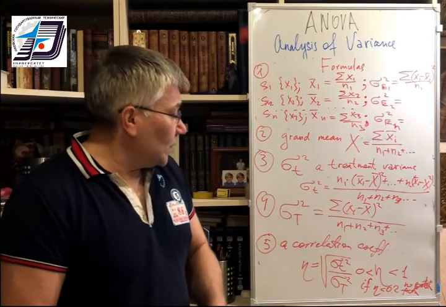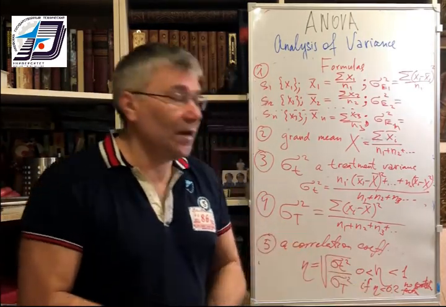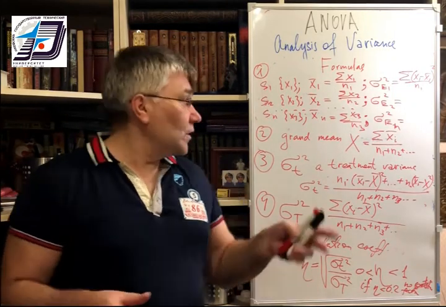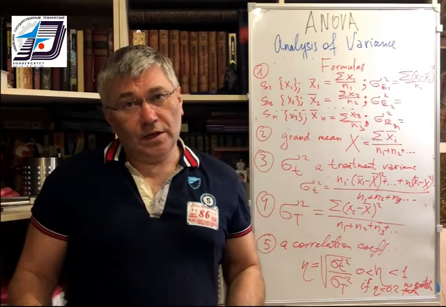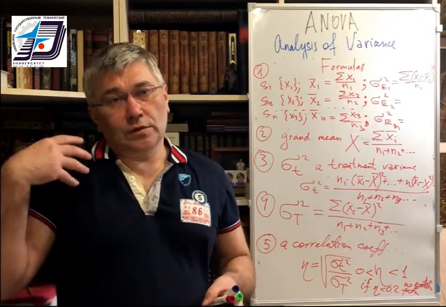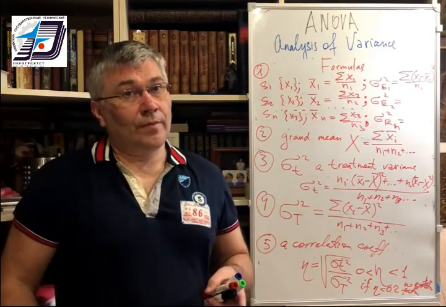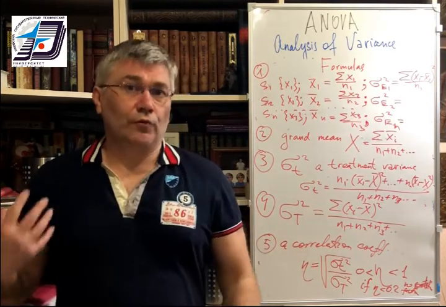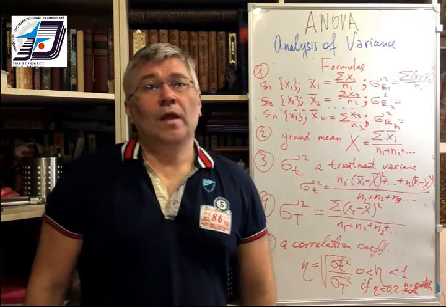And if it is less than 0.2, you can say that all of these samples, all of these groups, are under the same outside factors. There are no special peculiarities within each group. Okay, see you later.